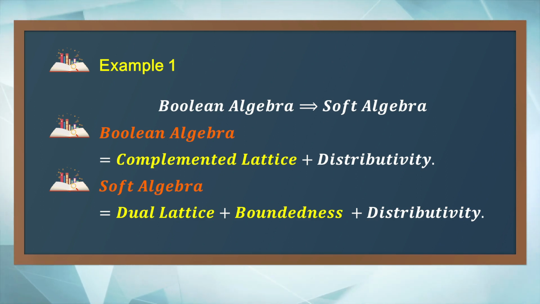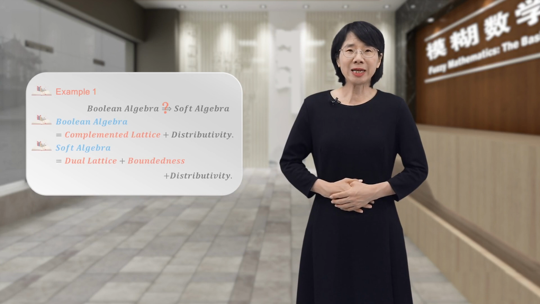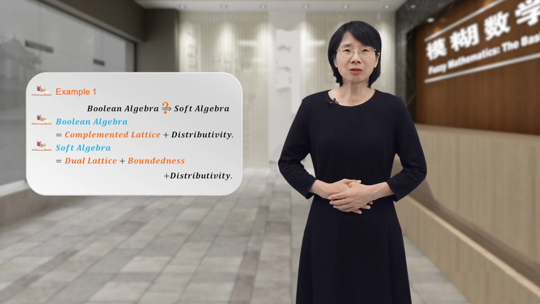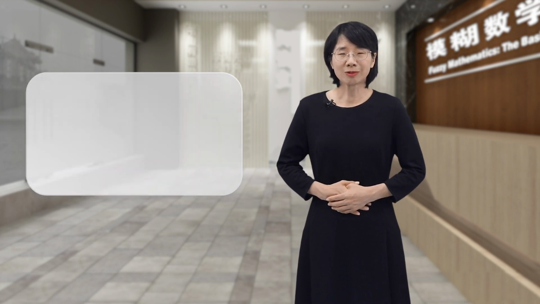Now suppose it is a Boolean algebra. Is it a dual lattice? A Boolean algebra obeys the double negation law and De Morgan laws, so it is a dual lattice. It is complemented, so it is bounded. That is, a Boolean algebra is a soft algebra.